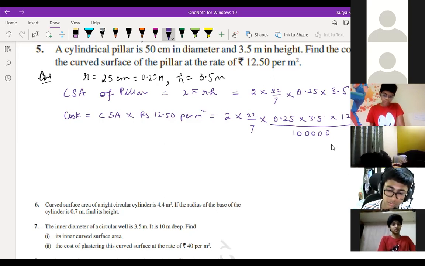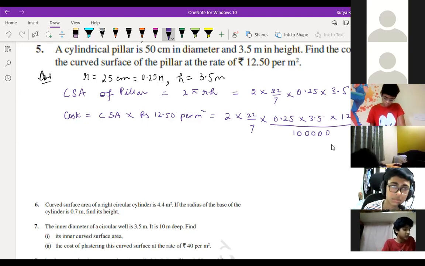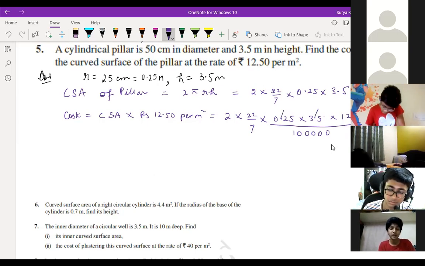Tell. Sir, see, when we are finding the CSA, we are getting 11 by 2, right? Where is 11 by 2 coming from? I'm not getting you.